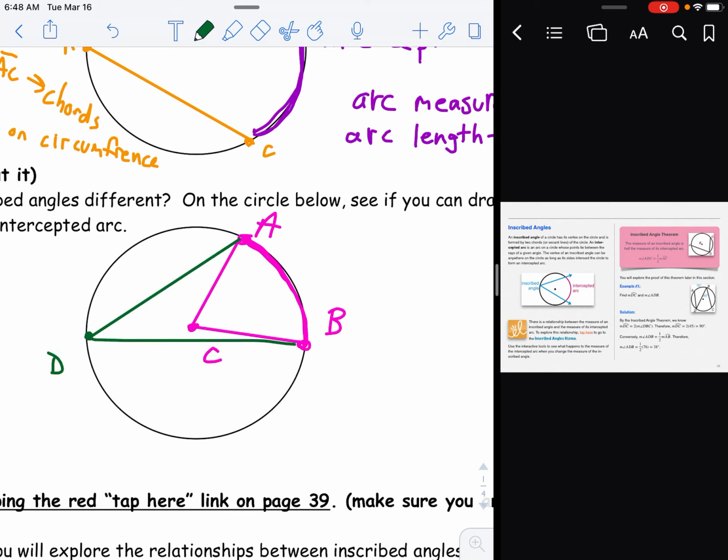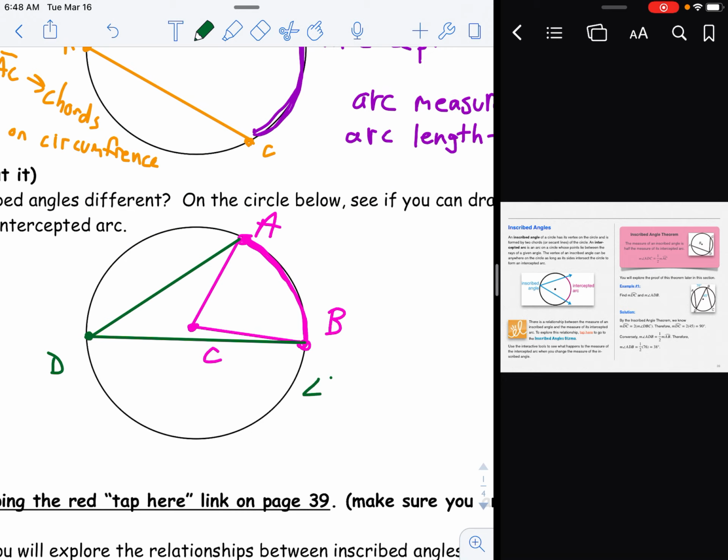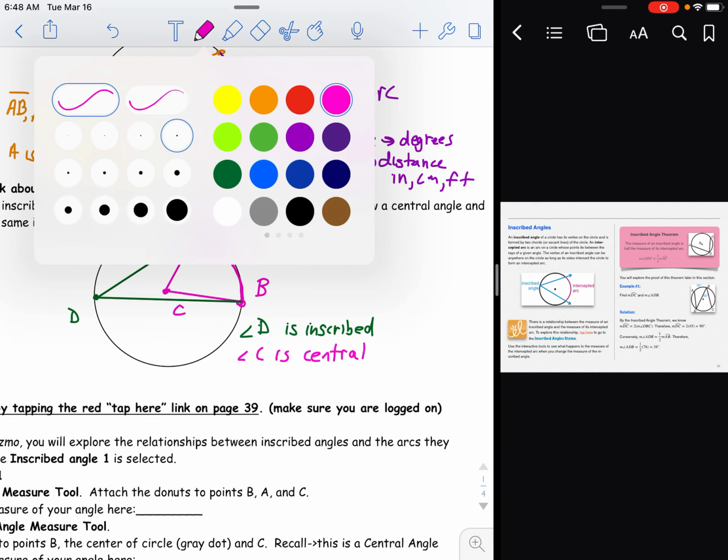Or we could have point D, and this is an inscribed angle. Angle D is inscribed. Angle C is central.